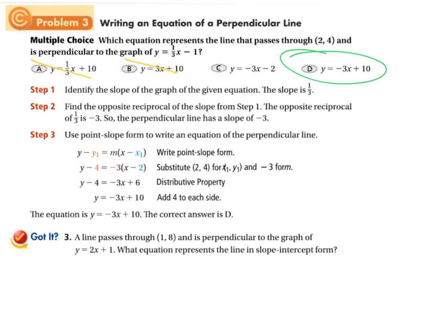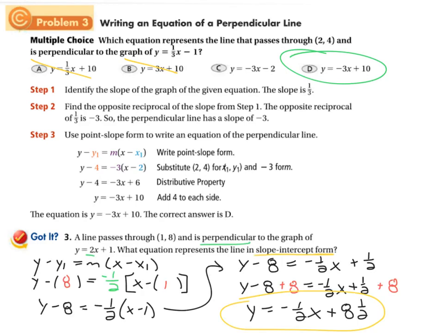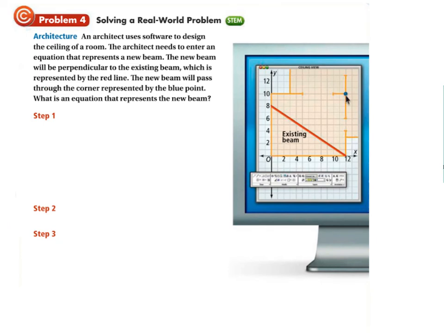Give it a go. It's not a multiple choice, so you have to come up with the answer yourself. All right, an architect is using software to design the ceiling of a room.